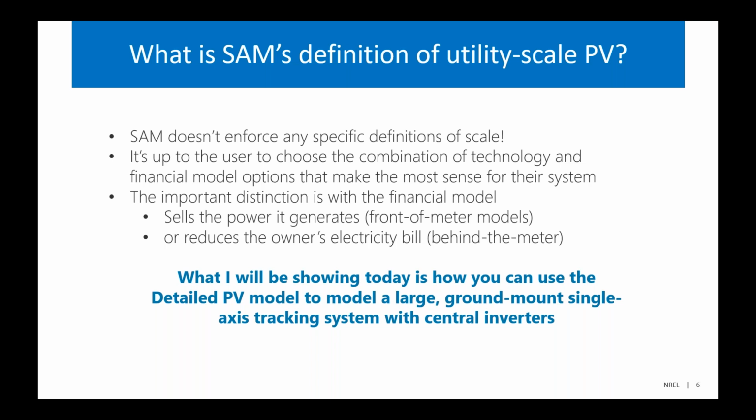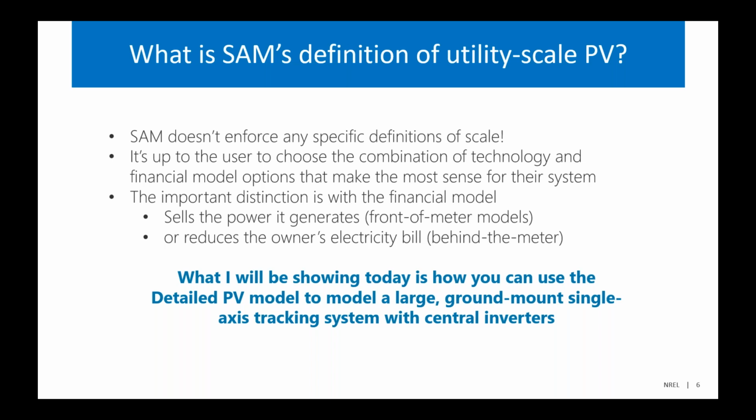The important distinction is actually with the financial model. The financial model differentiates between whether a system sells the power that it generates, in which case a user would want to pick one of our front of meter financial models, or whether it reduces the owner's electricity bill, in which case a user would want to pick one of the behind the meter financial models.